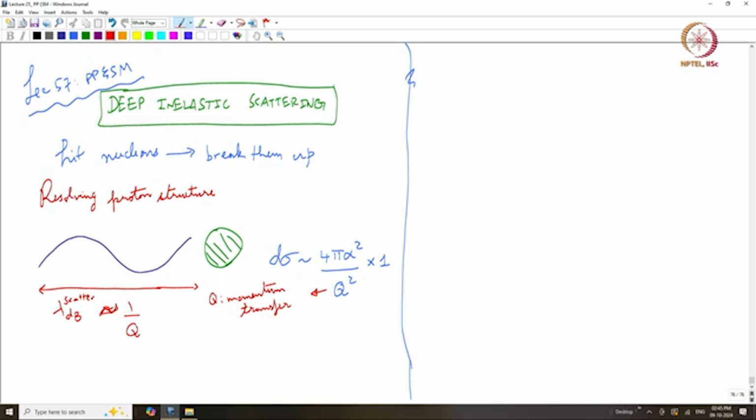You see what I am saying? The wavelength is larger than the size of the proton itself, it sees the proton as a point particle, that is the whole story here, okay.